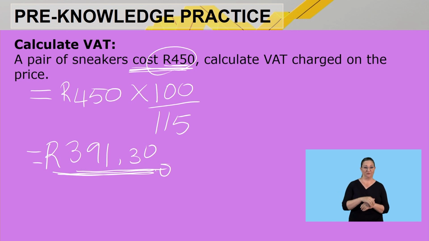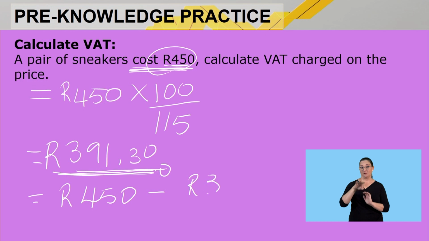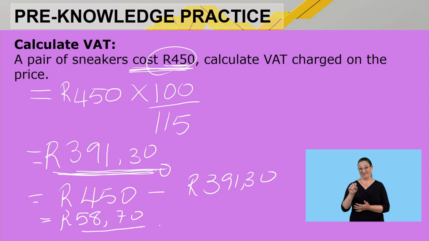So in order for you to calculate the VAT amount, you can take the 450 and say minus 391.30. This will give you the VAT amount of 58 Rand 70. So this is the VAT amount that was charged on this pair of sneakers.